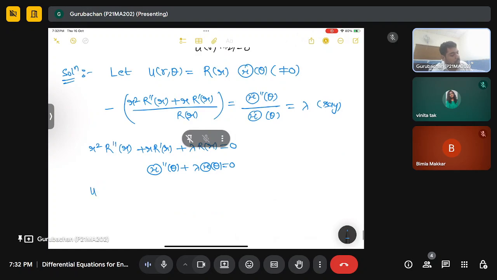So let us see the boundary conditions. So this will imply R of 1 Theta of theta should be 0. Since we have assumed the non-trivial solution, that means R of 1 is 0. Similarly, u of 3 theta is 0.